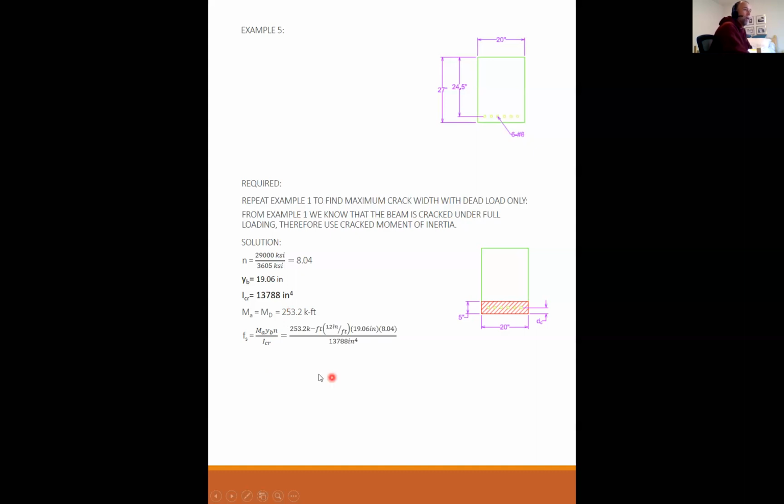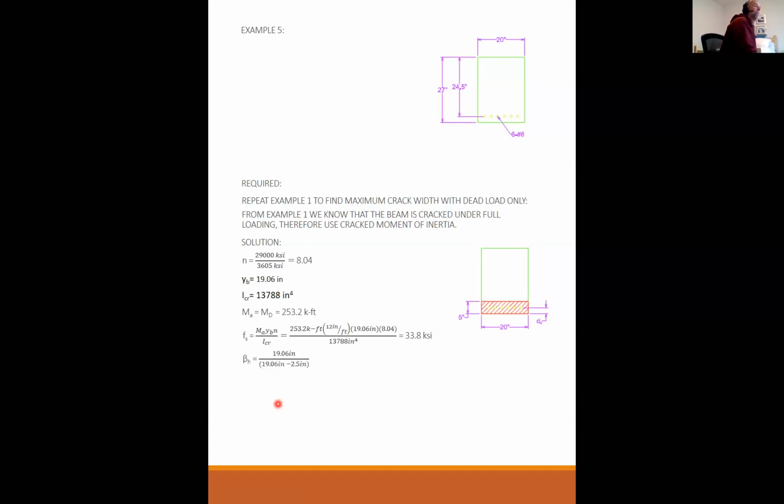So you plug these in, you got 253, convert it from feet to inches, times 8.04 modular ratio divided by the cracked moment of inertia, you get 33.8 KSI. So again, we're nowhere near the final condition. The steel is basically a little bit more than halfway to the yield, but this is the condition of the beam under the full dead load.